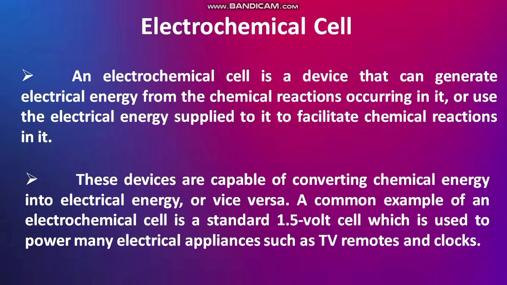These devices are capable of converting chemical energy into electrical energy or vice versa. A common example of an electrochemical cell is a standard 1.5 volt cell, which is used to power many electrical appliances such as TV, remote and clocks.